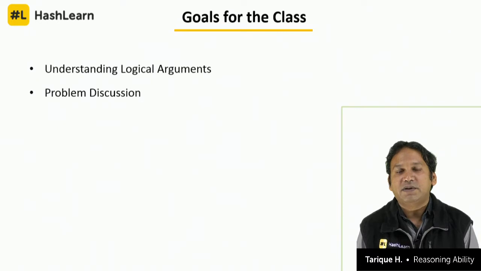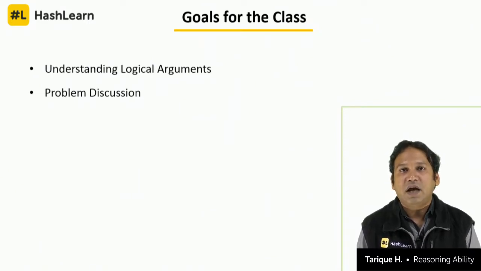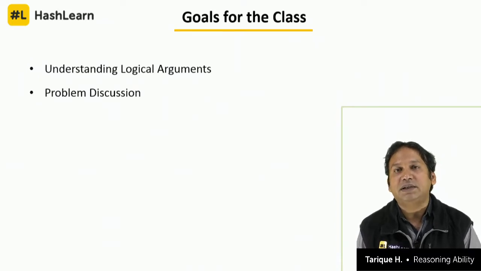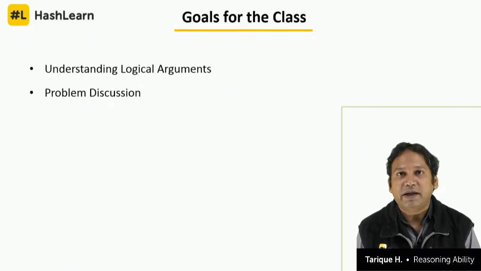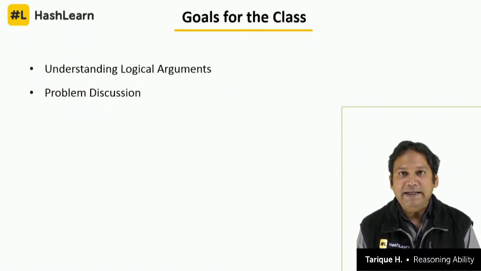Looking at the last 2-3 years' papers, verbal reasoning questions like assumptions, conclusions, inferences, arguments are normally not a part of the prelims examination as such, but there are no hard and fast rules. It can also happen that you get questions from verbal reasoning tomorrow in the prelims exam. So we are going to cover the entire portion for you, keeping the banking exams both prelims and mains in mind.